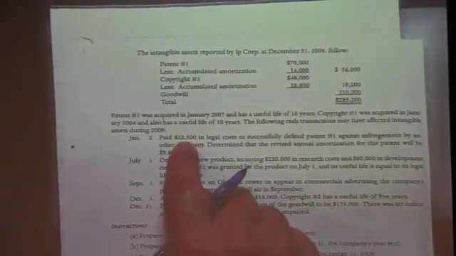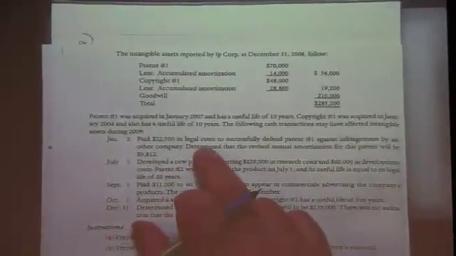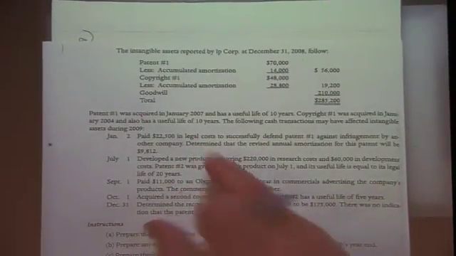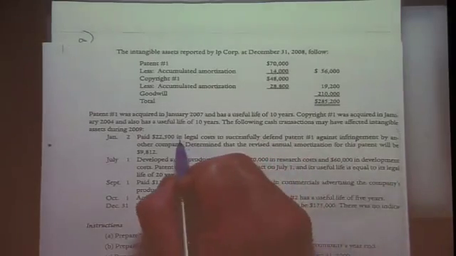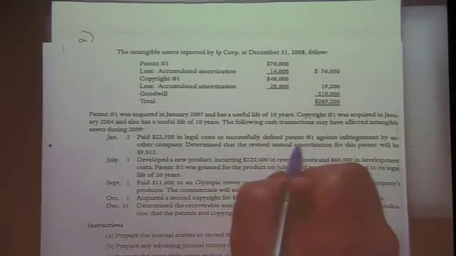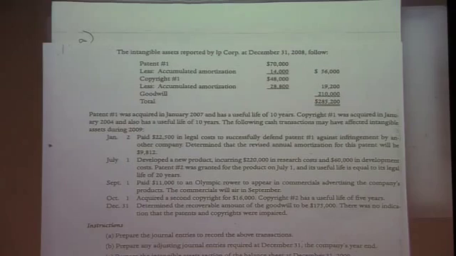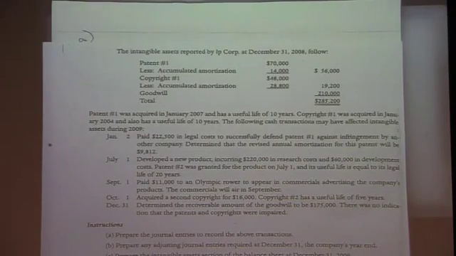So the first transaction is on January 1st. They paid $22,500 in legal costs to successfully defend patent 1. The fact that they're successfully defending patent 1 against infringement means that we could capitalize the legal costs as part of the cost of the asset.